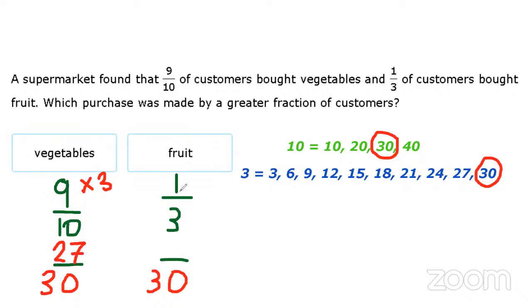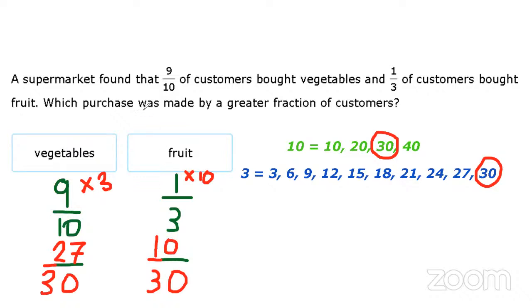All right, let's look at a third. 3 into 30, or 30 divided by 3, that's 10. And 10 times 1 is 10. So we would have made equivalent fractions here, and so it's easy for us to compare these fractions.